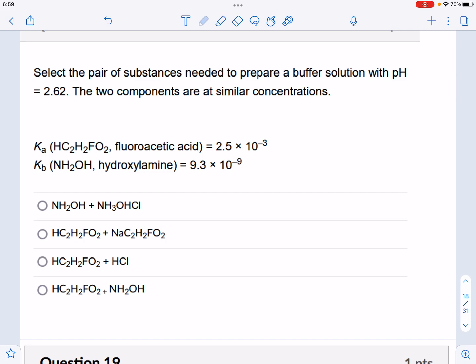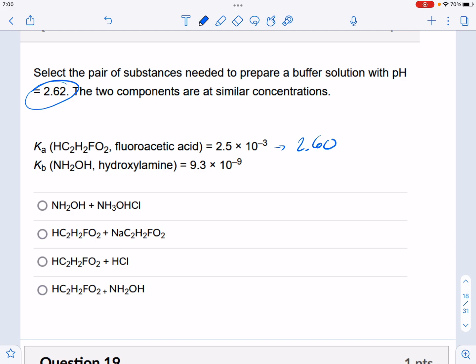Okay, here we want to prepare a buffer with a pH around 2.62. We want to select the 2 components that will have similar concentrations, and that are going to give you a pH of 2.62. So first things first, if we convert this to pKa, we are going to get 2.5 times 10 to the negative 3.